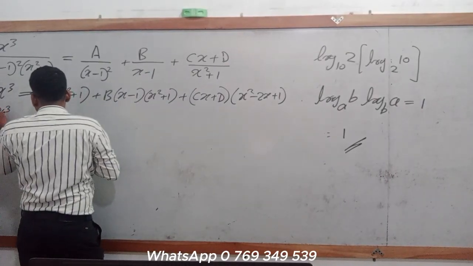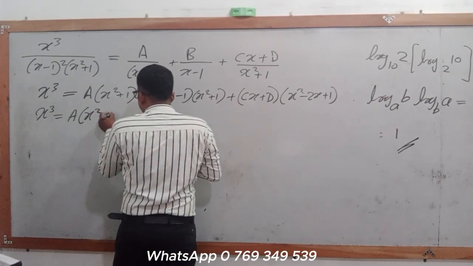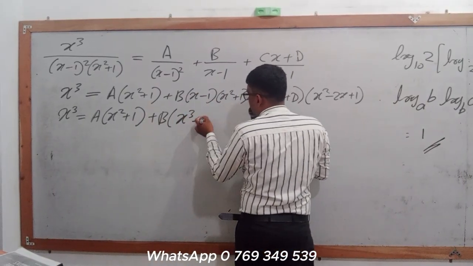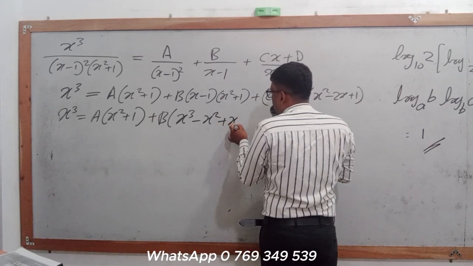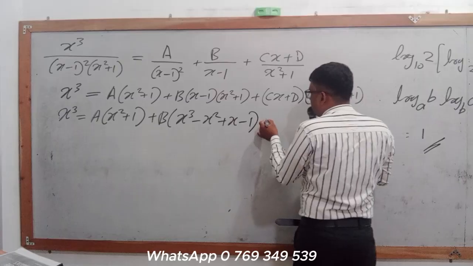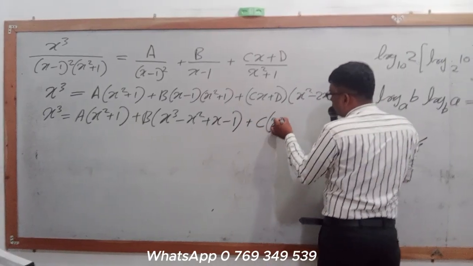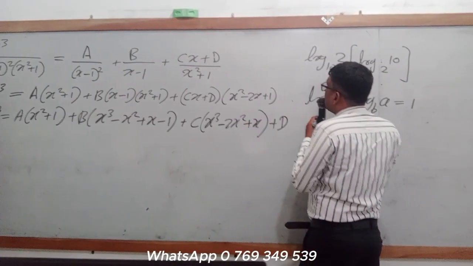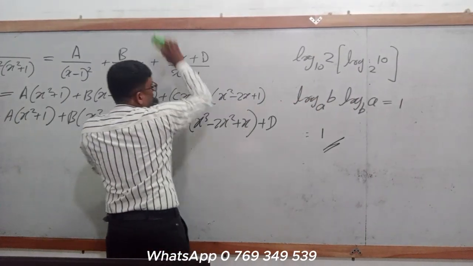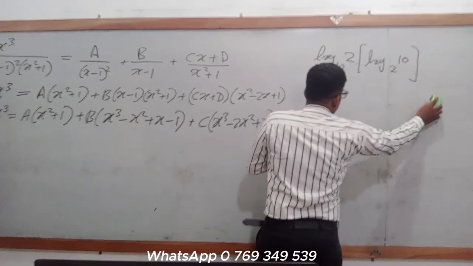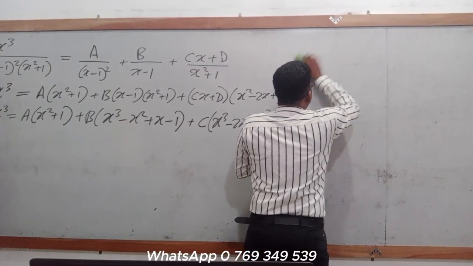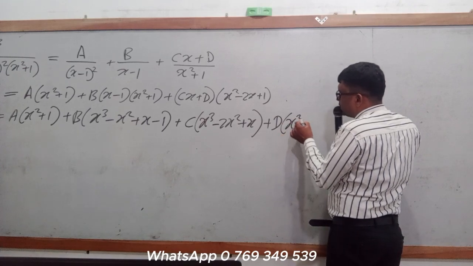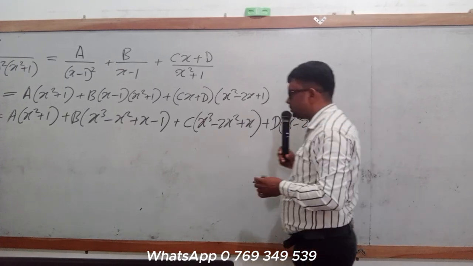Again we have to solve this one. x cube equals A times x square plus 1 plus B times x cube minus x square plus x minus 1, and here C times x cube minus 2x square plus x, plus D times x square minus 2x plus 1, right? We have a big solution, no?